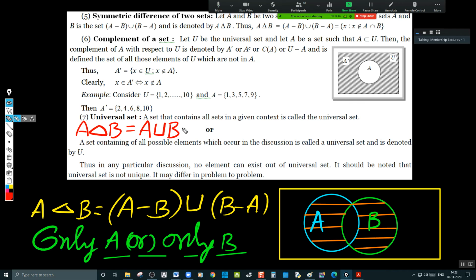That is why we subtract twice A intersection B. Why twice written here? Anyone?